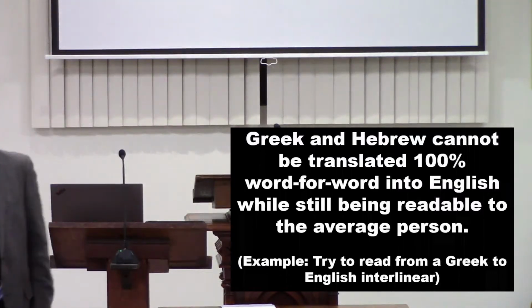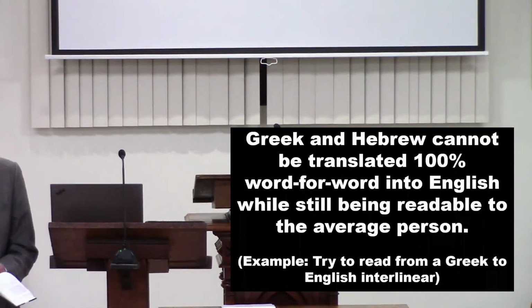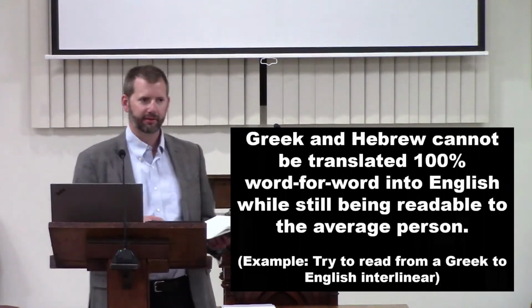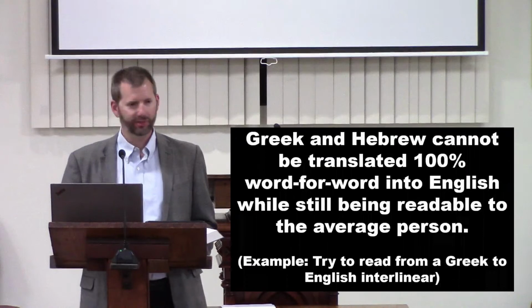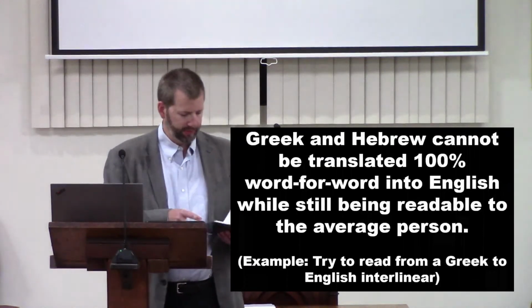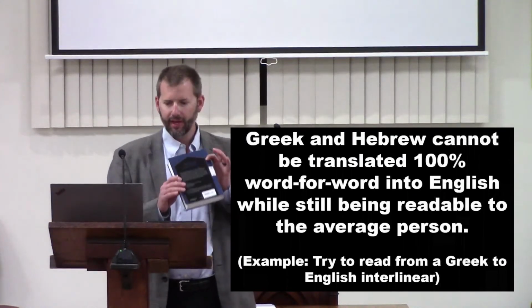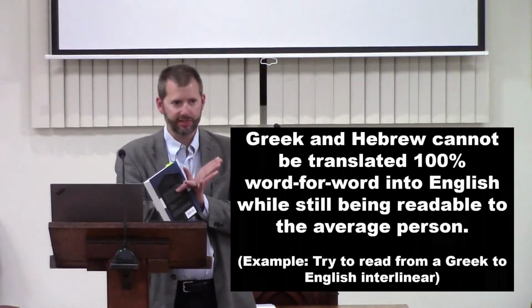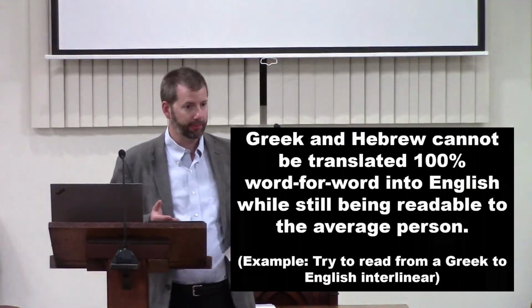So, familiar passage, right? We've read that passage a dozen times. But in the Greek, it's hard to really catch. You have to really think about what's being said. So, the point that I wanted to make with this is any of our translations, they rearrange the sentence structure to make it more readable.